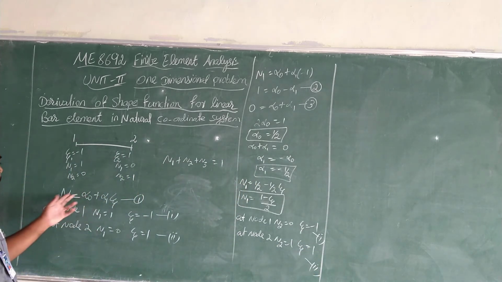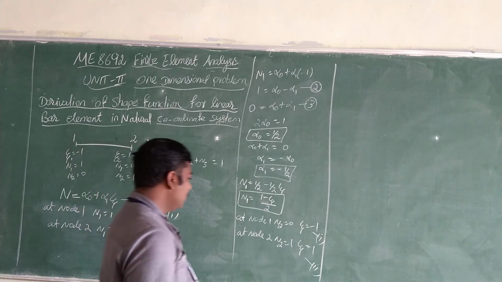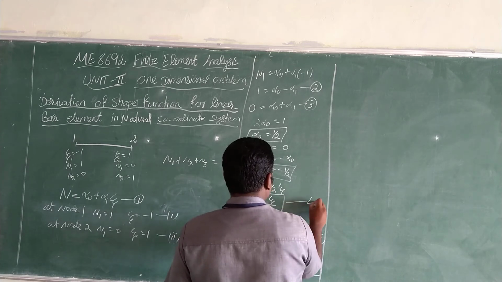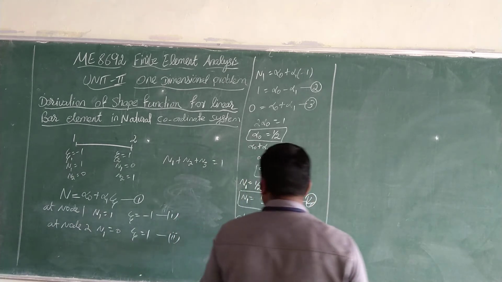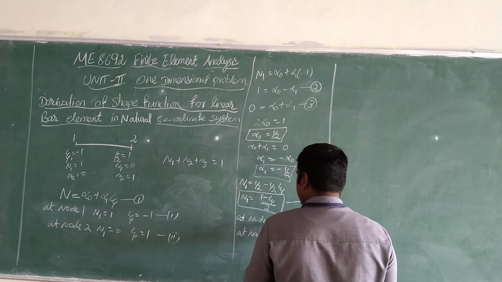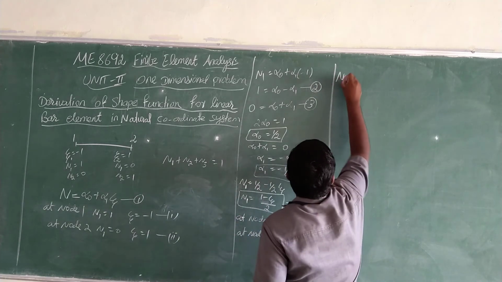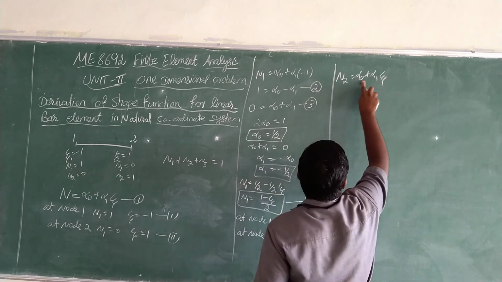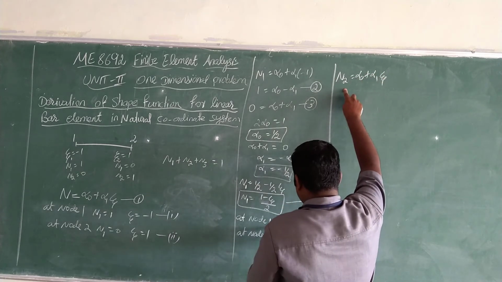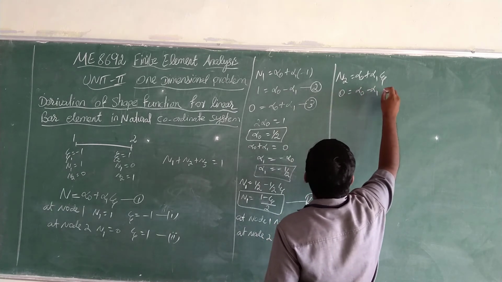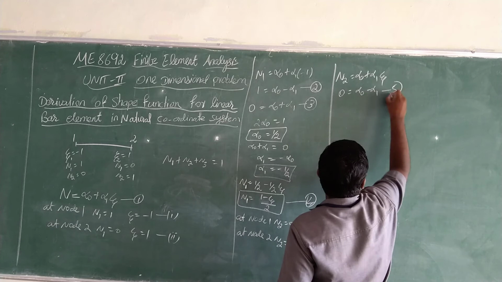So apply boundary condition 1 in equation 1, that is n2 equal to 0. Therefore n2 equal to alpha naught plus alpha 1 psi, n2 equal to 0 at node 1. Therefore 0 equal to alpha naught minus alpha 1. This is equation number 5.